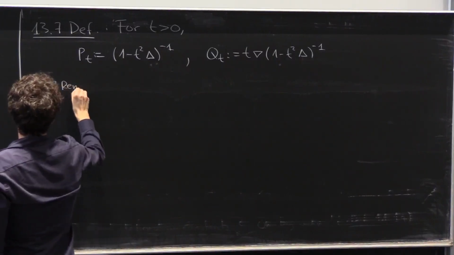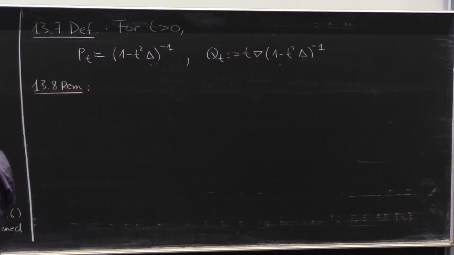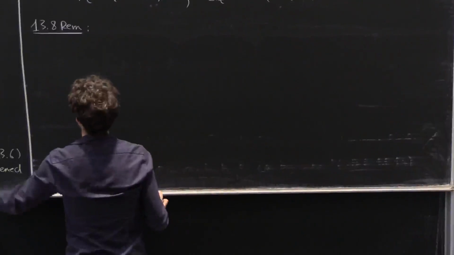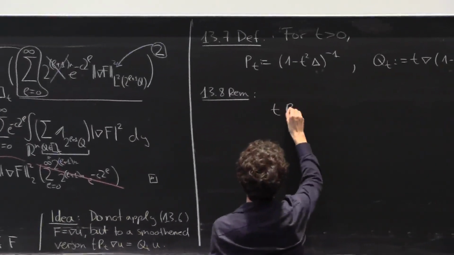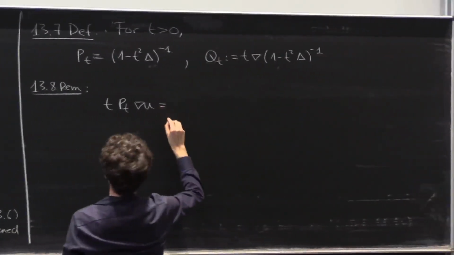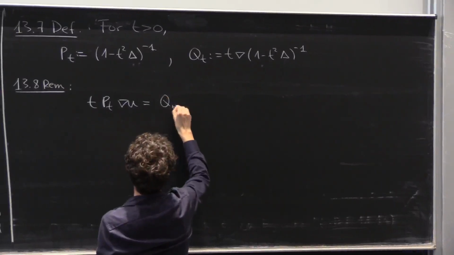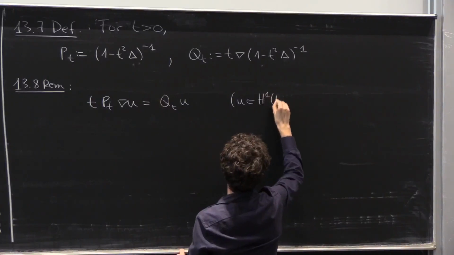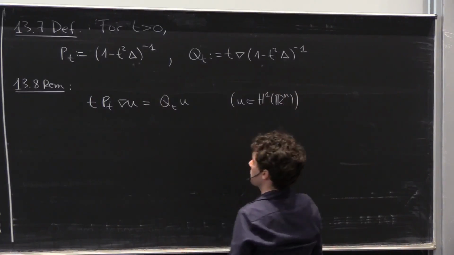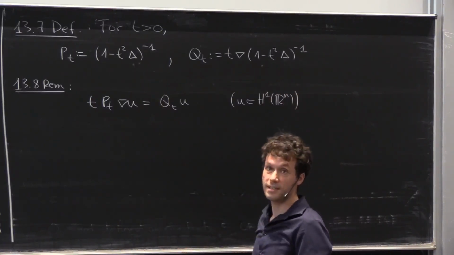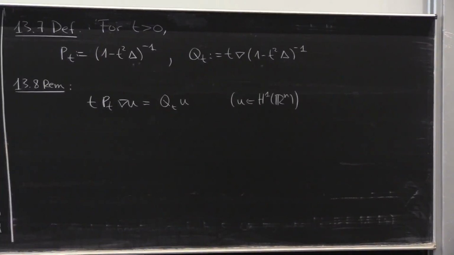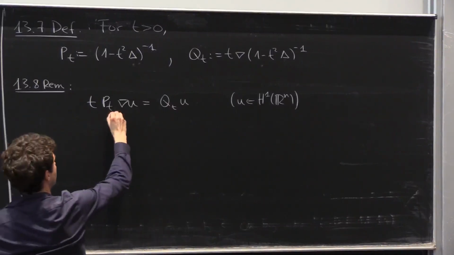Just one remark. There's a commutation property that is quite useful in this context, namely that I do have indeed what I tried to tell you here. So t times Pt grad of u is the same as Qt of u when at least say u is in H1. Okay, and probably the easiest way to see that this is true is if you apply the Fourier transform on both sides.